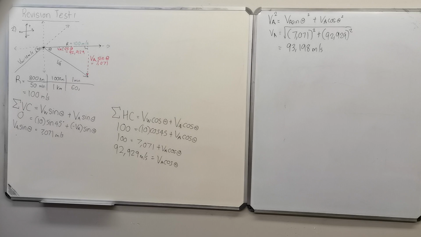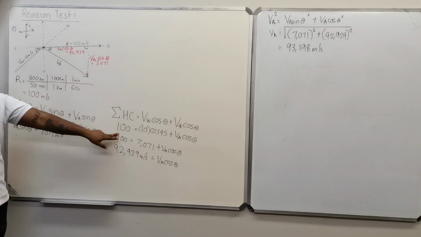The one that is 92.9, is that not negative? No. Even if it was negative, it's going to be squared. I know it can't be the right answer, but it's basically negative. Your horizontal component is positive 100, right?